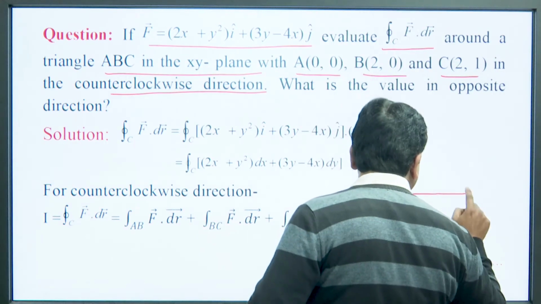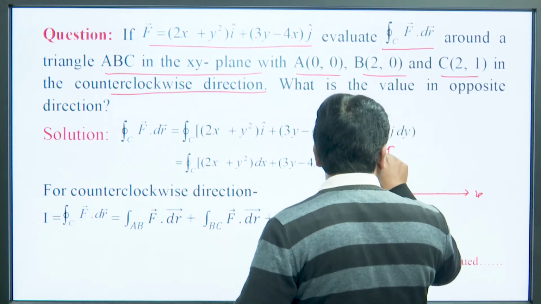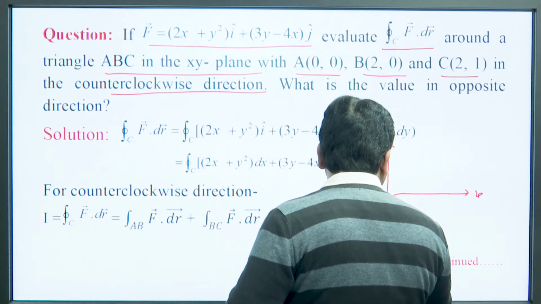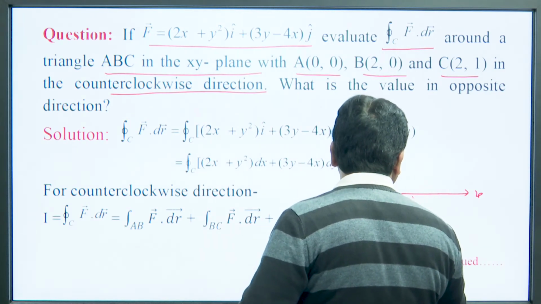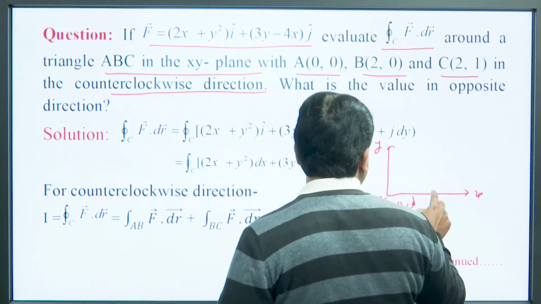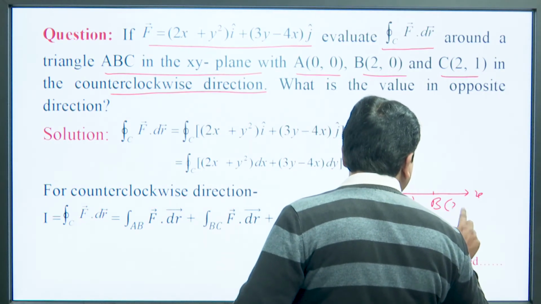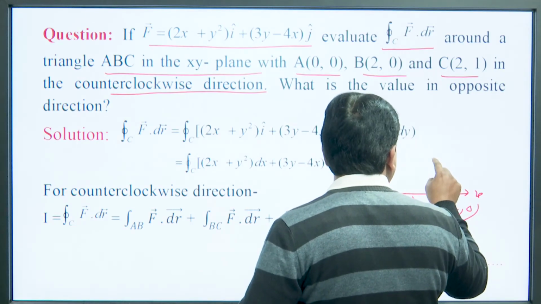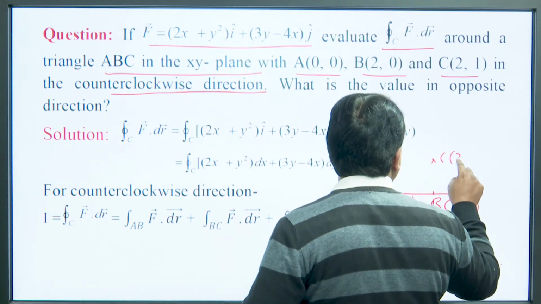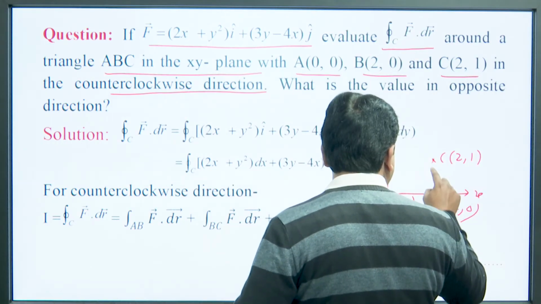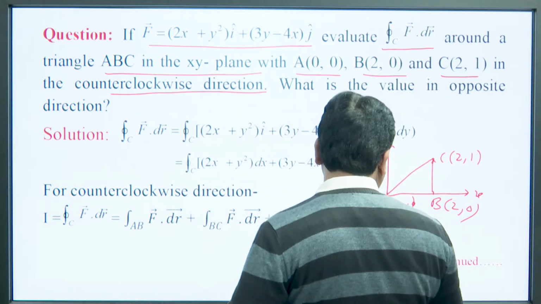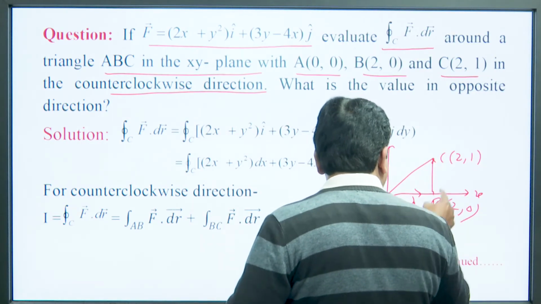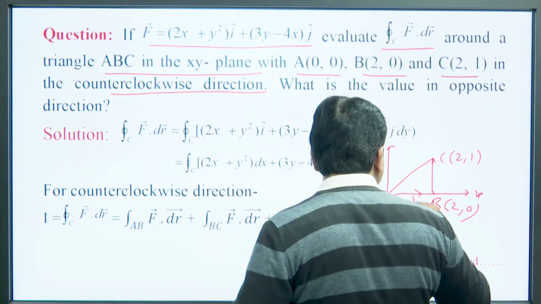In the xy plane, A has coordinates (0, 0), B is (2, 0), and C is (2, 1). So this is the triangle ABC. We have to find the integral along this closed curve ABC in the counterclockwise direction.